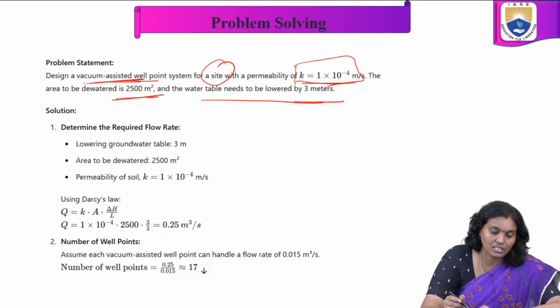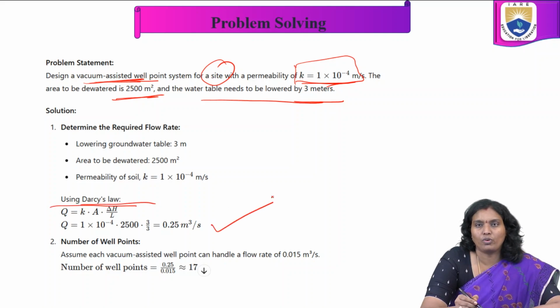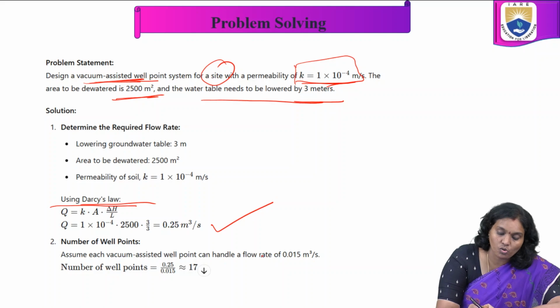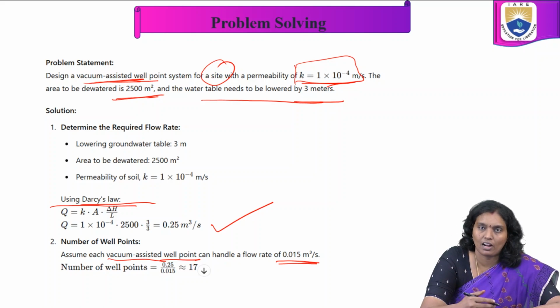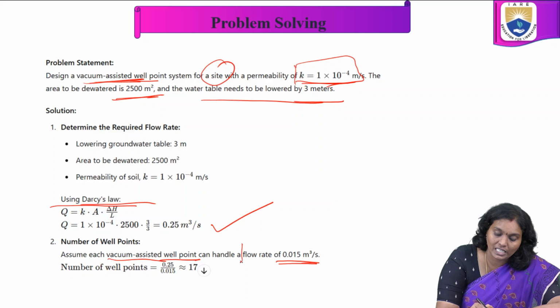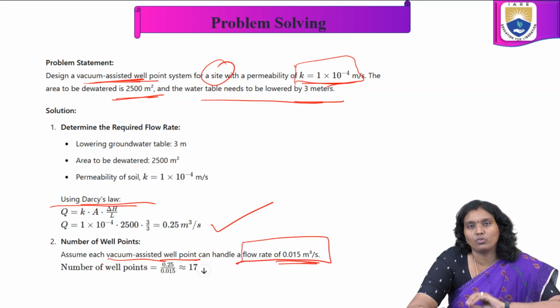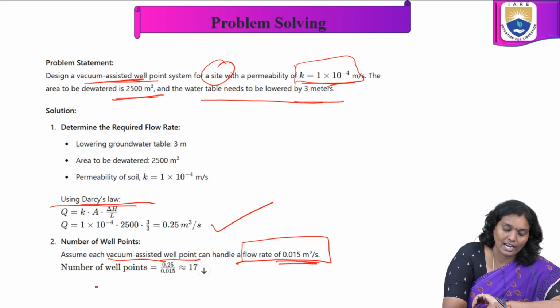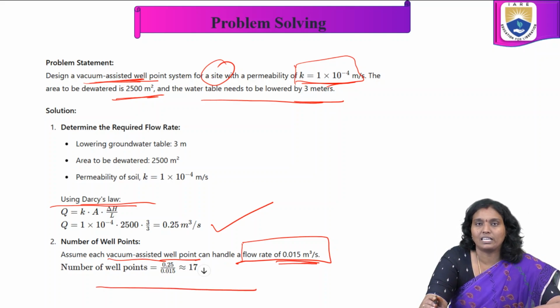Here, using Darcy's formula, we are going to find out the flow rate. And again, we are assuming how much each vacuum assisted well point, similar to the vertical well as well as the horizontal well, is going to handle in flow rate. So according to that, we identify the number of well points, as with the horizontal wells.